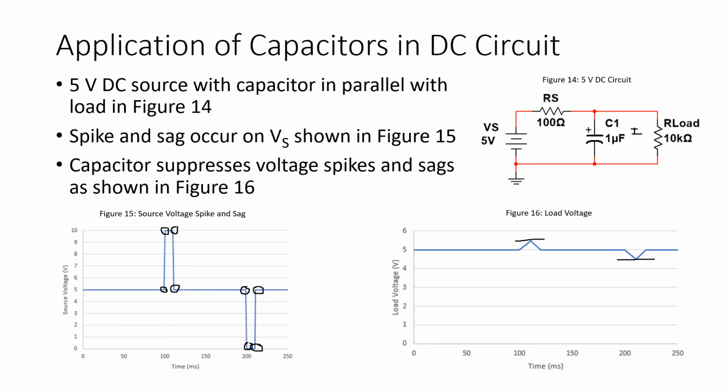And we use this circuit to perform the mathematical operation of integration. And we ended with looking at placing a capacitor in parallel with a load so that we can smooth out voltage spikes and voltage dips from the source voltage.